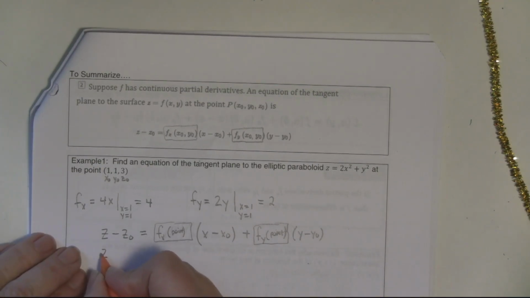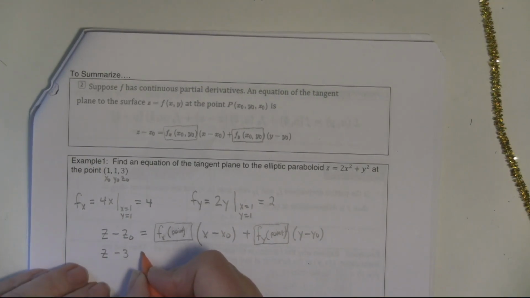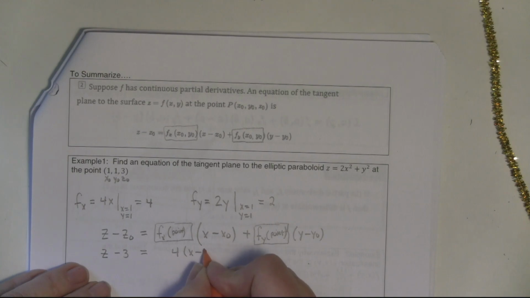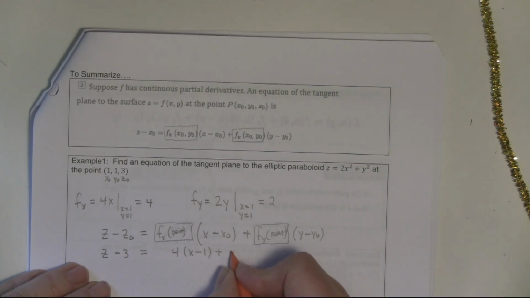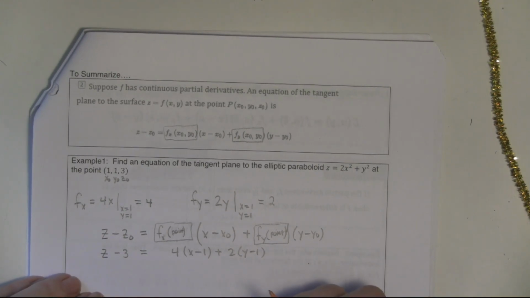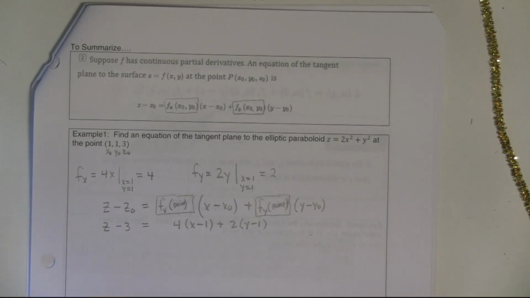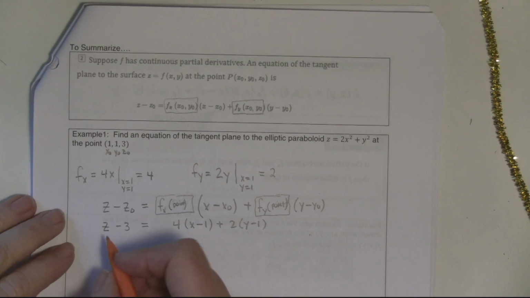So this is going to be z minus 3 equals 4 times x minus 1 plus 2 times y minus 1. And they typically solve it for z when they have it in the back of the book. Now I know that we did planes. I'm going to show you the different forms that you can have a plane in.